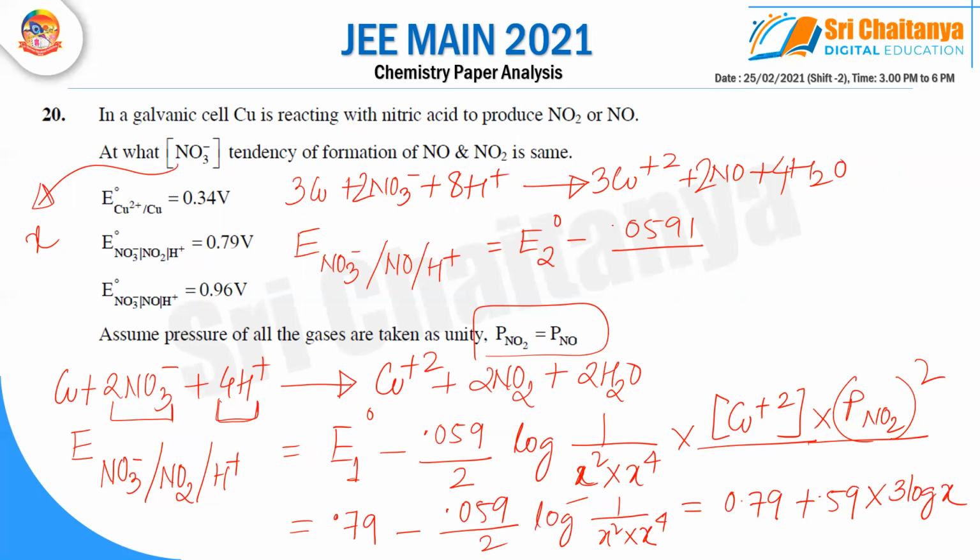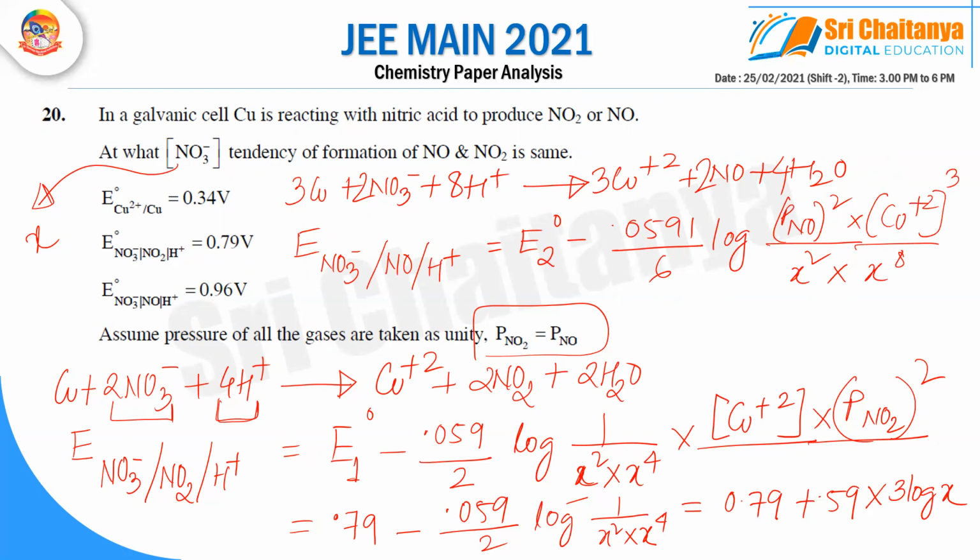Here, the number of electrons taking part is 6, multiplied by log of, you see here the pressure of NO2 will disappear, pressure of NO to the power square will disappear, multiplied by concentration of copper plus 2 raised to power 3 divided by x square multiplied by x to the power 8.